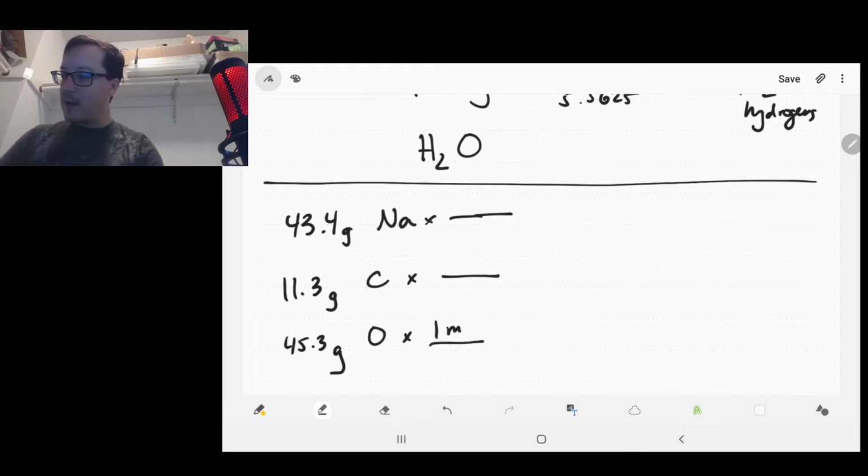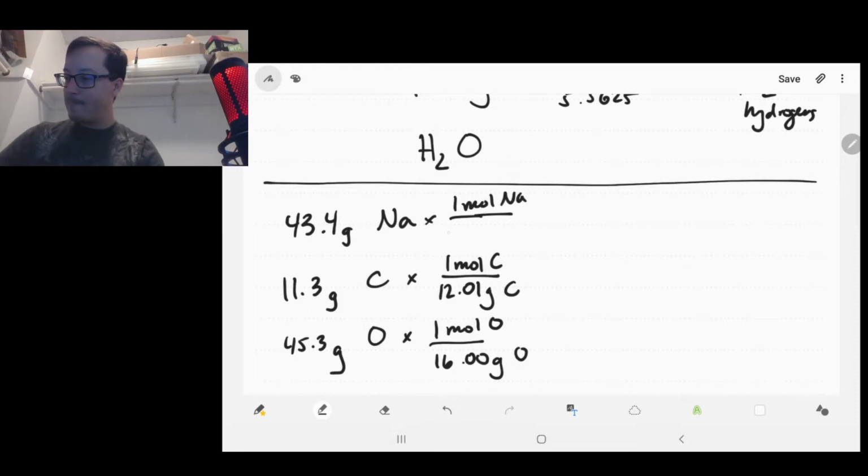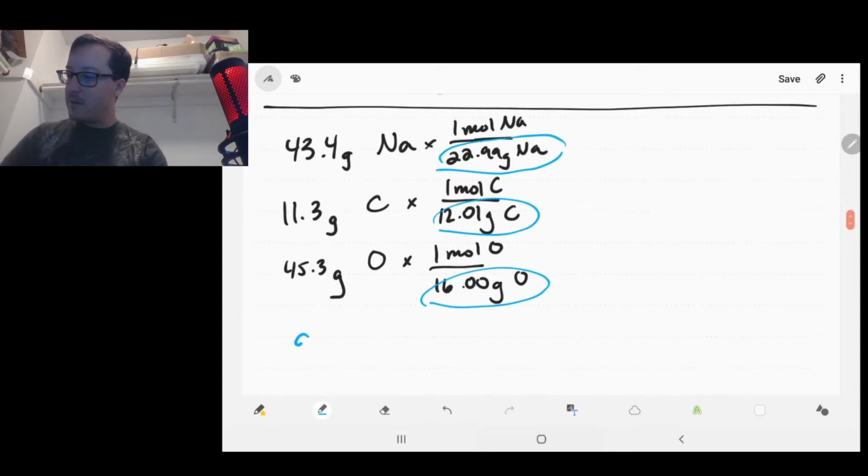We know oxygen from last time. If we find carbon on the periodic table, we'll see it's 12.01. Remember, all these three numbers come from the periodic table. These are all our atomic masses.